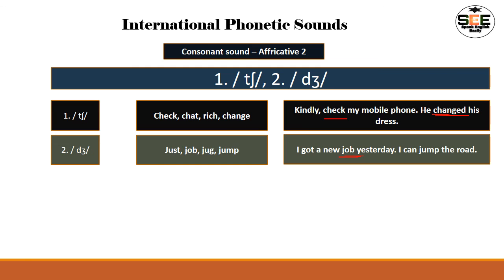Whenever they produce this word job, they say it with a z sound. Actually it is not that, it is normal j. Next: I can jump the road. Here this word jump is producing the j sound, normal j.